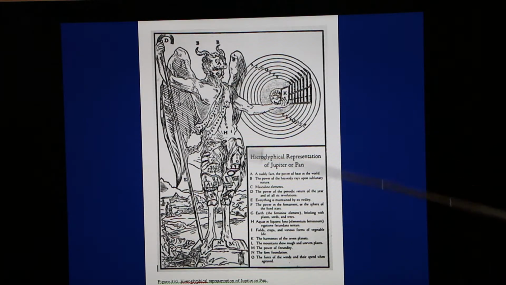So A is a ruddy face, the power of heat of the world. B, the power of the heavenly rays upon the sublunary nature. And C, the mundane elements.